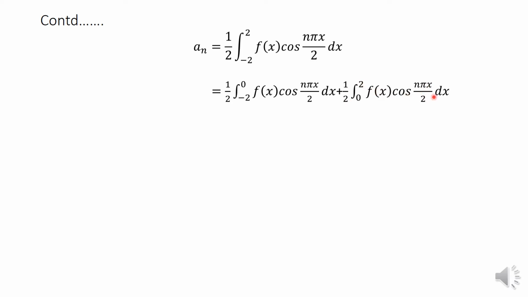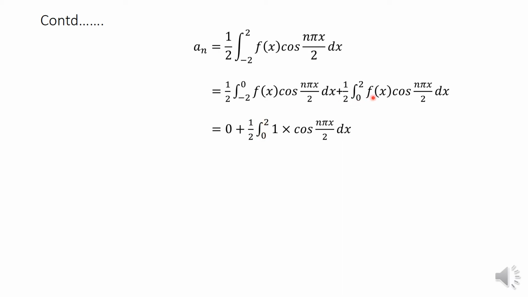using the property of definite integrals. Now you substitute the functional value in the respective interval. In minus 2 to 0, the functional value is 0. Therefore, this first integral entirely goes off because the functional value is 0. We get only the second integral, which is 1 by 2 times integral 0 to 2.